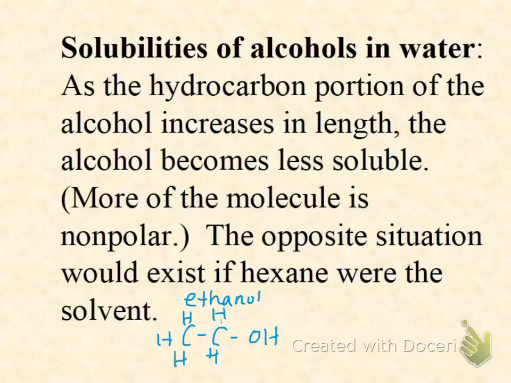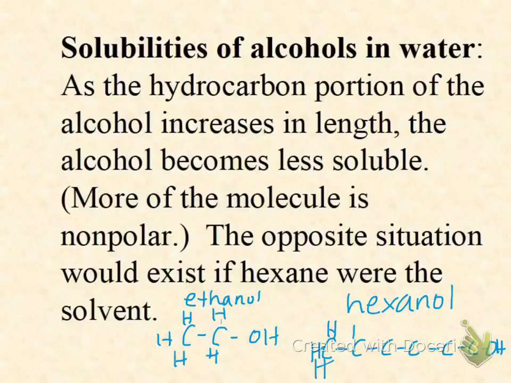But let's say I had something like hexanol, which would have a 6-carbon chain. So it would be carbon, carbon, carbon, carbon, carbon, 1, 2, 3, 4, 5, carbon, and then it has the OH. And of course we have the appropriate hydrogens around here.